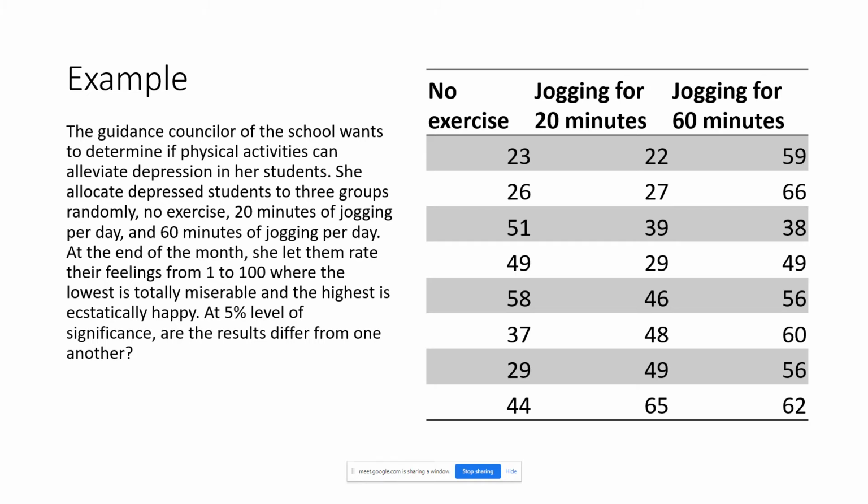And you have now the table. On the right side, you have the table in which every student in each group has their recorded levels, the ratings of their feelings. Okay, so let's move to the Excel.